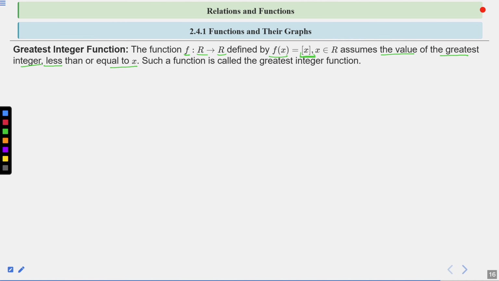Clear? If not, just be with me, it will be all clear when you see an example. So such types of functions will be your greatest integer function.